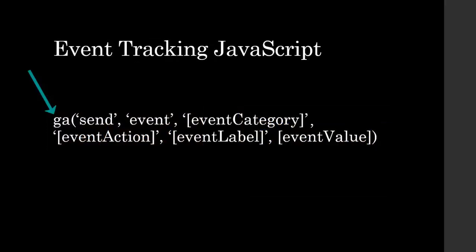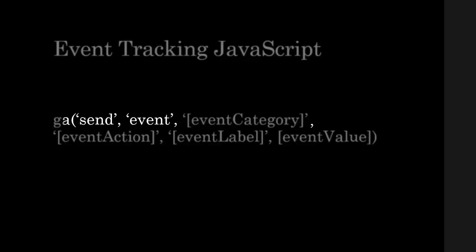GA stands for the Google Analytics call, and then it's followed by several parameters that you're passing in. The first two parameters, send and event, stay the same for every call. Here you're telling, I'm sending an event type hit to Google Analytics.